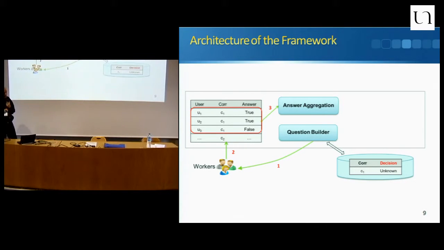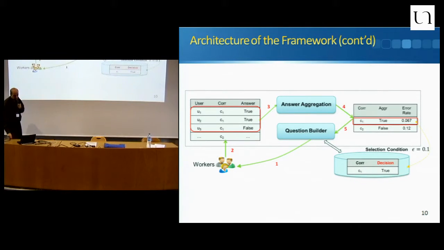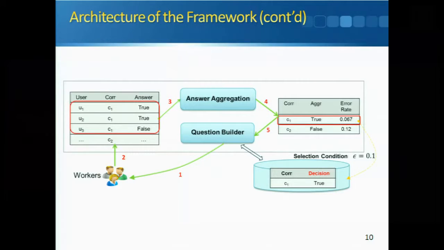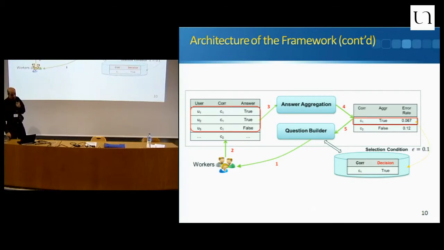I will speak about that, but essentially for the same correspondence, we will ask several people to analyze it. After that, we will aggregate the answers, and if we find that the estimated quality is good enough, then we save it in our database.